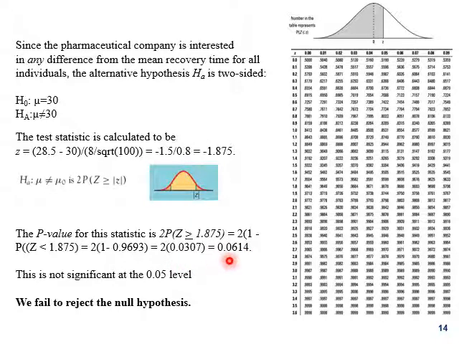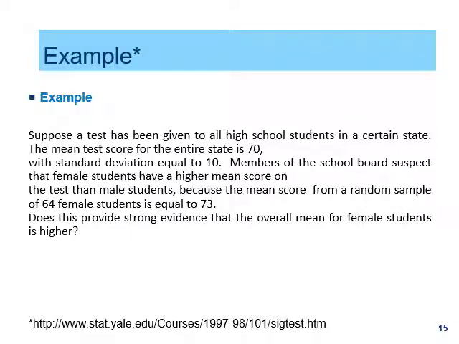So we will say that this is significant at the 0.1 level, and we reject the null hypothesis. But right now we are using the alpha value 0.05, so we concluded we failed to reject the null hypothesis.